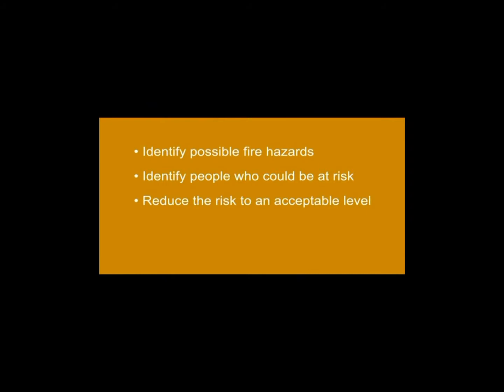So, what is a fire risk assessment and what is its purpose? Put simply, a fire risk assessment is a process that is used to identify possible fire hazards, identify people who could be at risk from fire, reduce the risk from these hazards to an acceptable level, identify further actions that need to be taken to ensure the safety of people on your premises if a fire does break out.